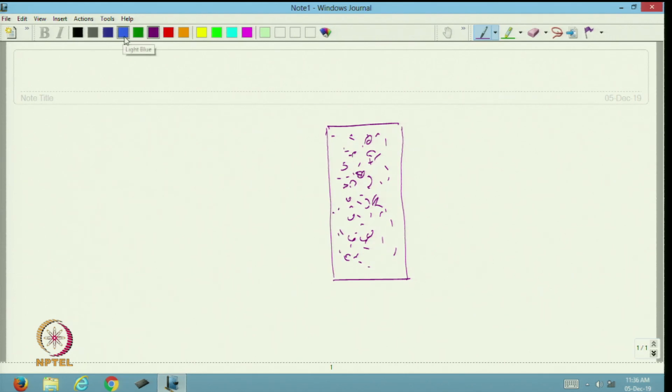Now we are putting geotextile here, and these are the pores in the geotextile.